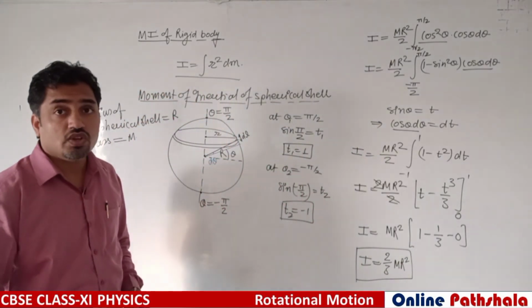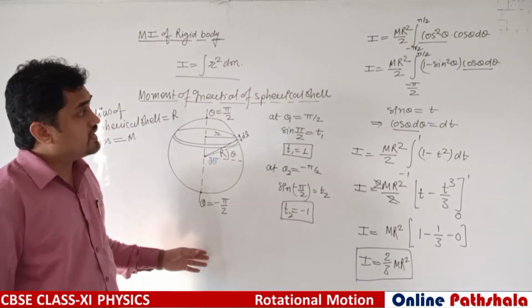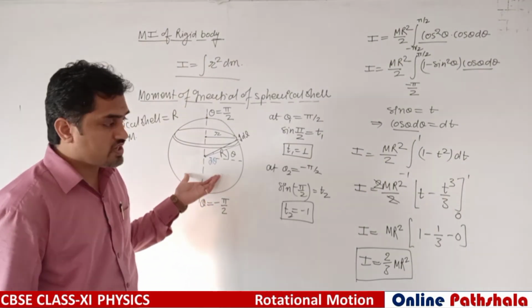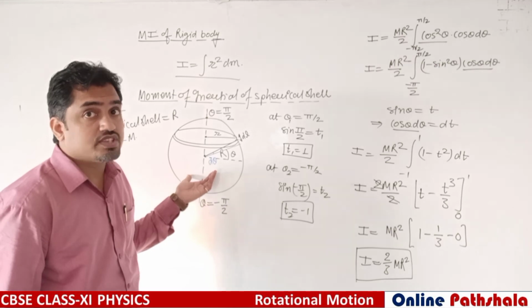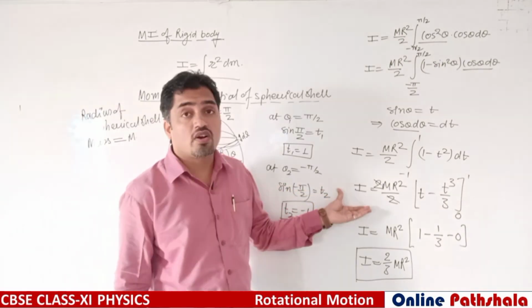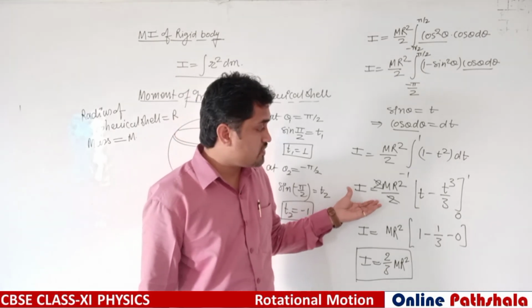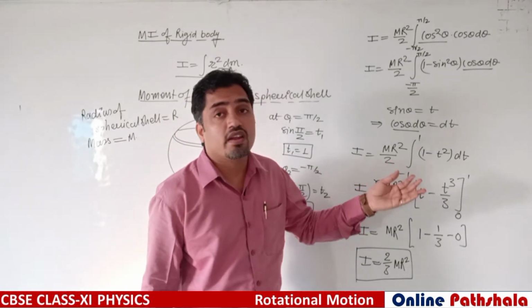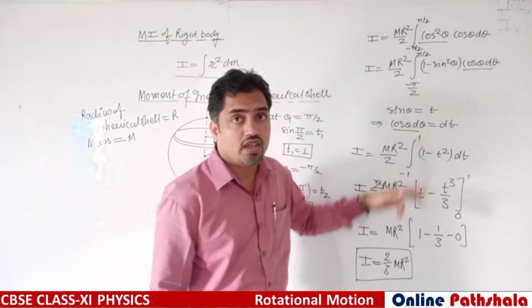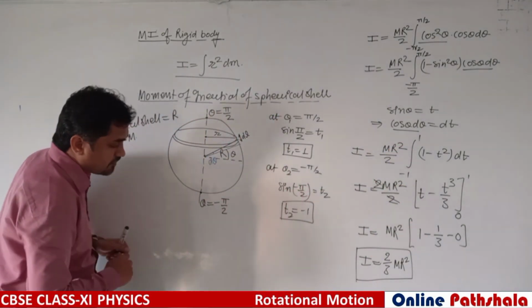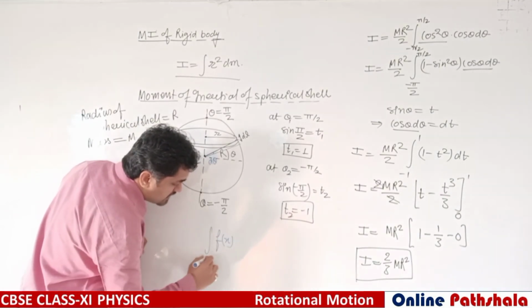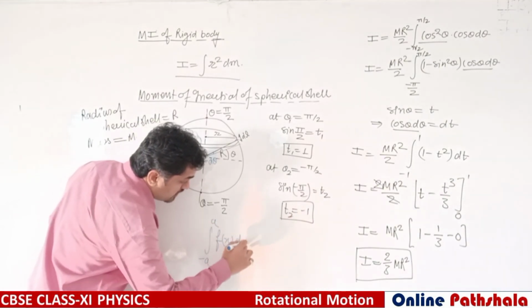So, this is the moment of inertia of a spherical shell about an axis passing through the center. In this case, we are using a concept: if we have limits from minus a to a, I am writing here f of x with limits minus a to a.